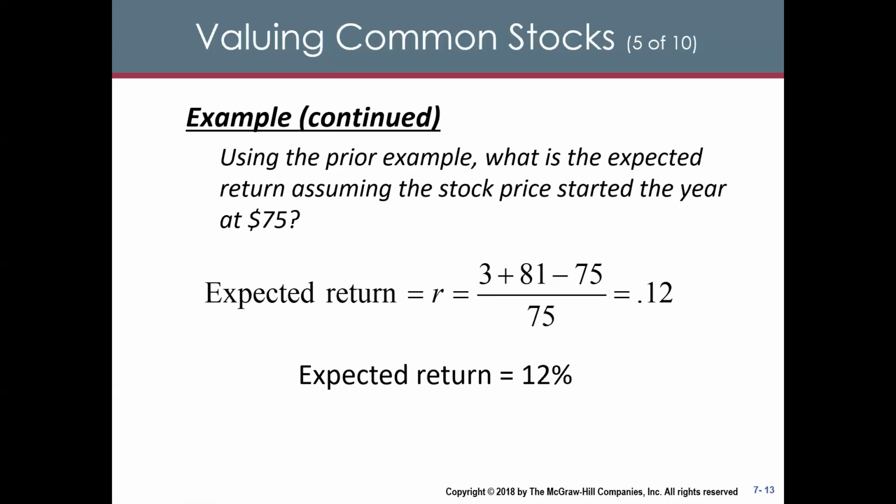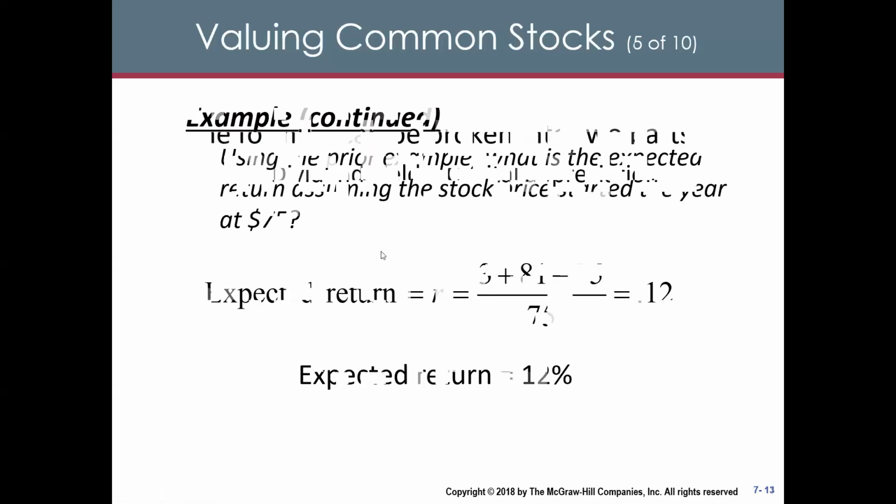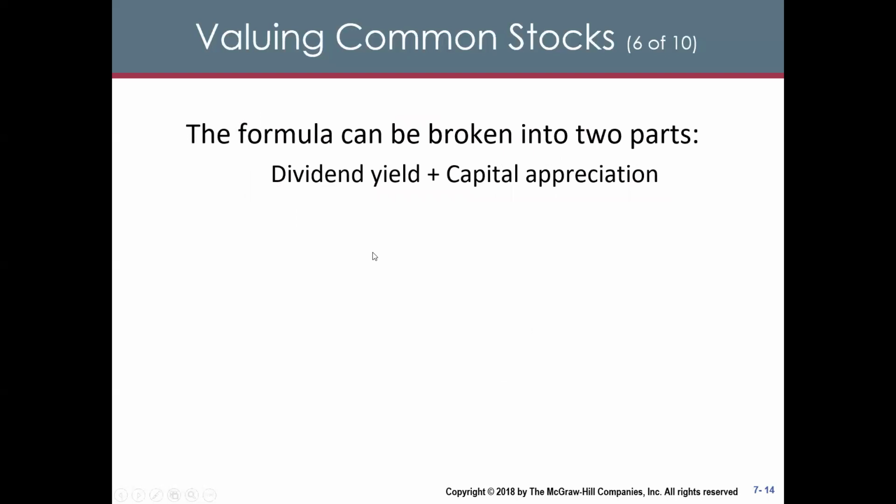that gives 0.12, which means purchasing this stock and holding it for 1 year will give you an expected return of 12%. We can further break this formula into 2 parts. There's the dividend yield, which is the return that comes from the dividend, and there's the capital appreciation, which is the return that comes from the rising price of the stock.